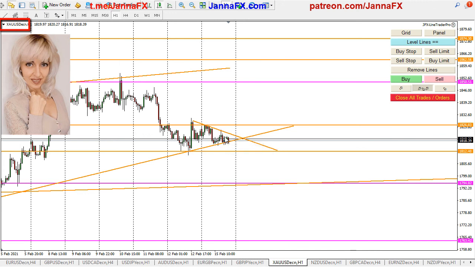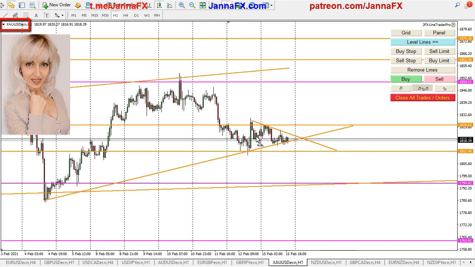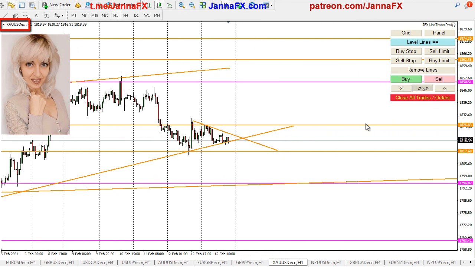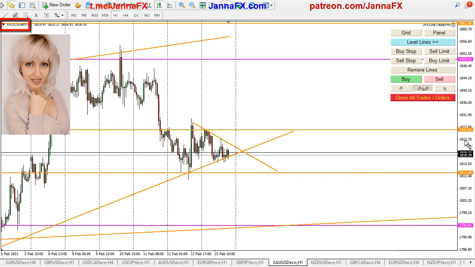And that's why, for example, if it will go here, then I will be using this level to place sell orders, and possibly this level to place buy orders. So we will see, because we need to see how it would be treating this level, because of course it might from here go touch that level and then turn around and fall. So that's why it's a bit tricky area at this moment, because nothing is happening unless something unexpected again.